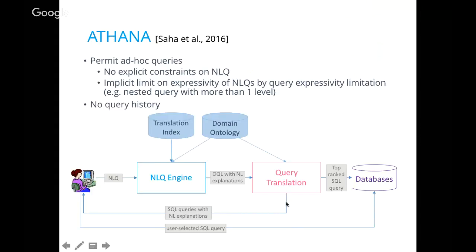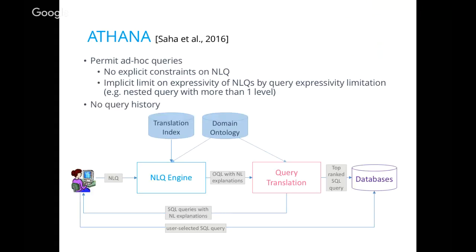Another thing I want to mention is that instead of just returning the results, this system also tries to come up with some explanation in natural language to tell the user what this SQL statement does, right? Remember, when we provide this kind of system, it is not meant to be used by someone who's already familiar with SQL. If you can read a very complex SQL, you probably can already write it, right?